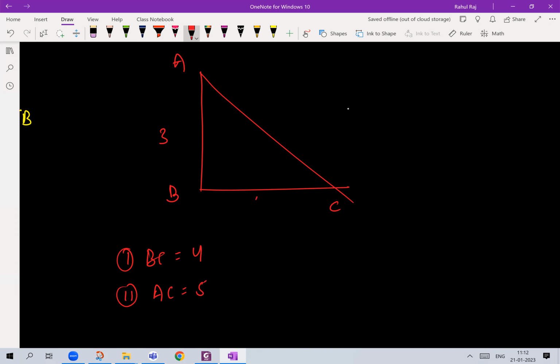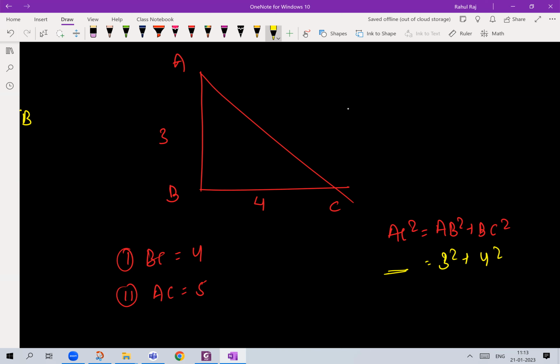Imagine BC is 4. Now for this to be a right angle triangle, I should know what? AC square should be equal to AB square plus BC square. Any doubt over here? No. So imagine AC square is not known to me. Option number 1 says BC is 4, so this is 3 square and this is 4 square.